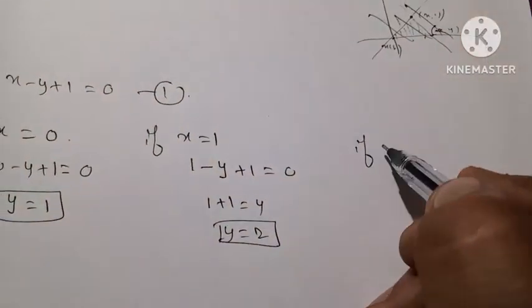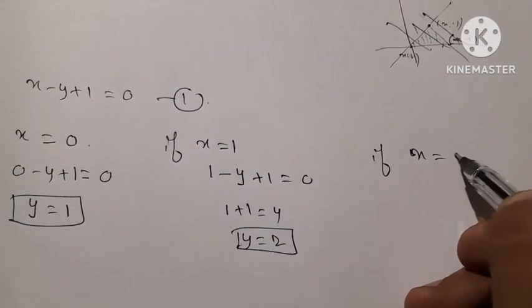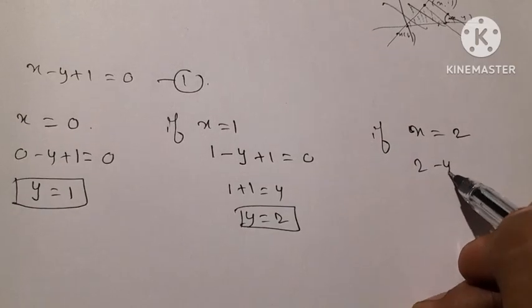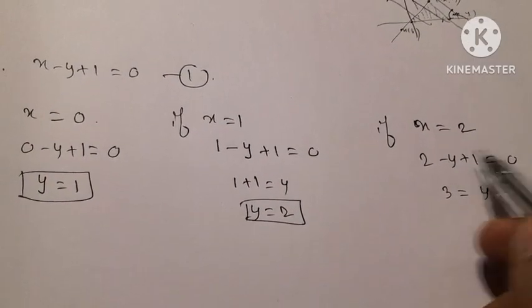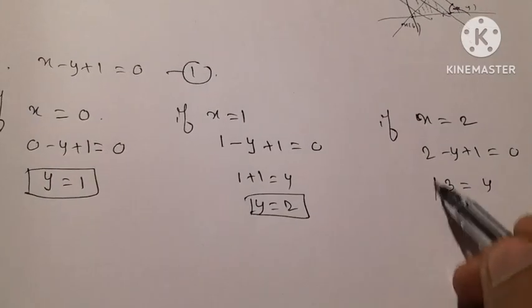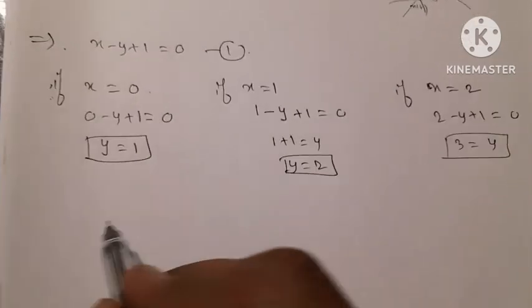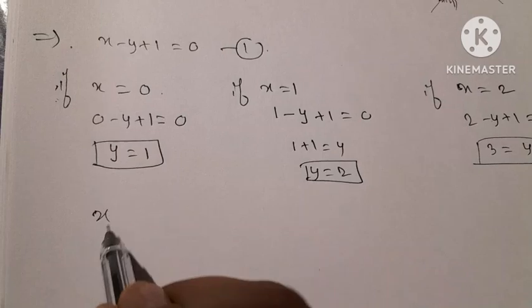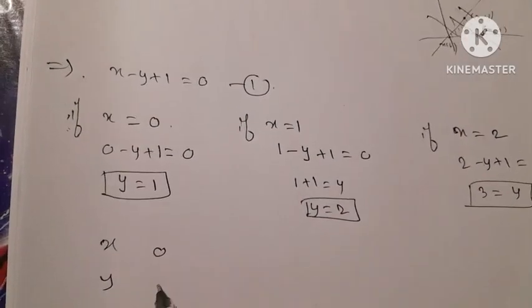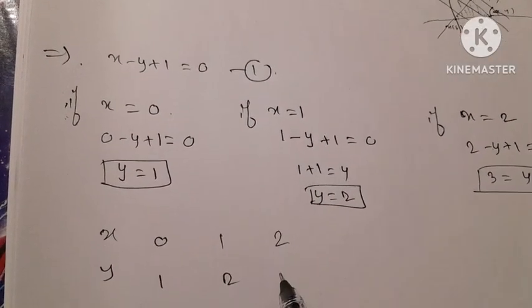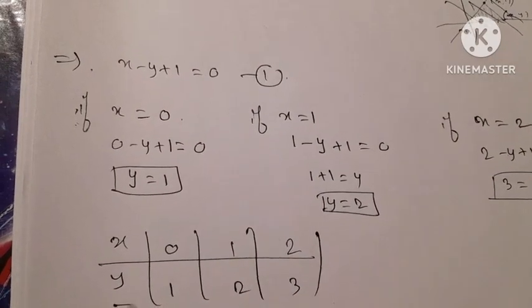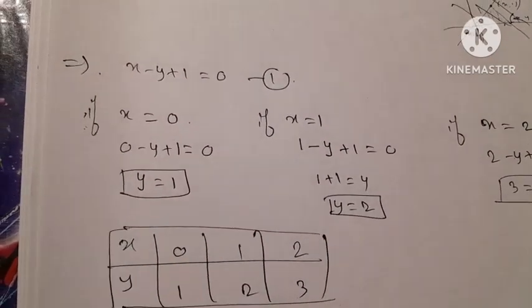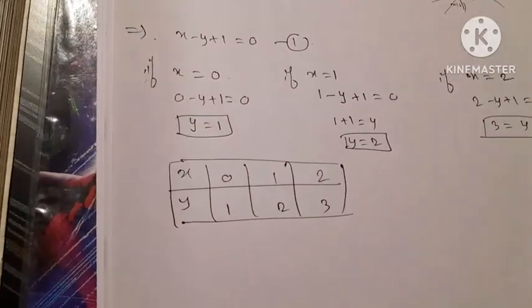And here if x is equal to 2, then 2 minus y plus 1 equal to 0, minus y here, 2 plus 1 is 3, so we get y is 3. So solution table box will draw x, y, 0, 1, 1, 2, 2, 3. Okay, this is for equation 1.